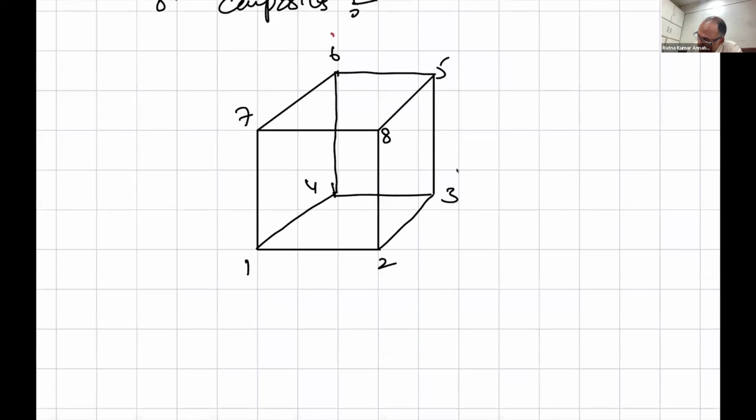So let us say this is our x-axis, that is our y-axis, and that is our z-axis. Okay. Now let us try to identify the direction 1, 1, 0. What is 1, 1, 0? Projection onto x-axis is 1, y-axis is 1. So that is my 1, 1, 0. Do you agree?